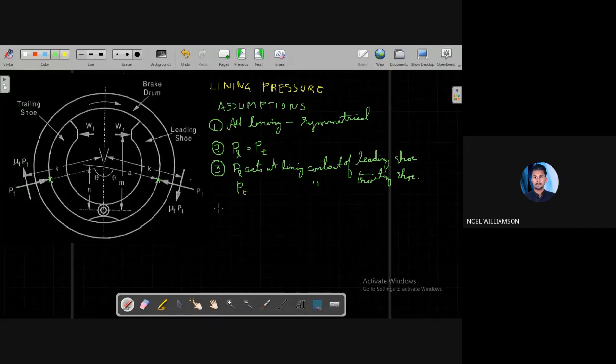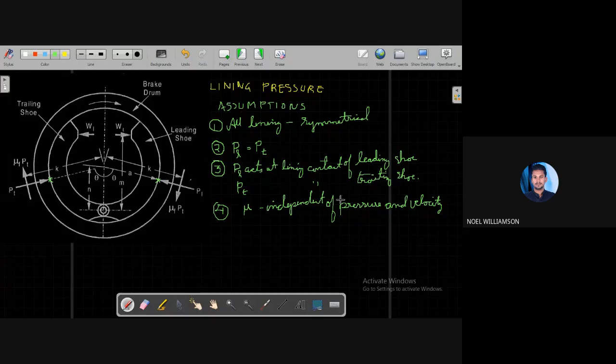And the last assumption: the value of mu, the coefficient of friction, is independent of pressure and velocity. So these are the four assumptions we are making while calculating the lining pressure and heat generation.